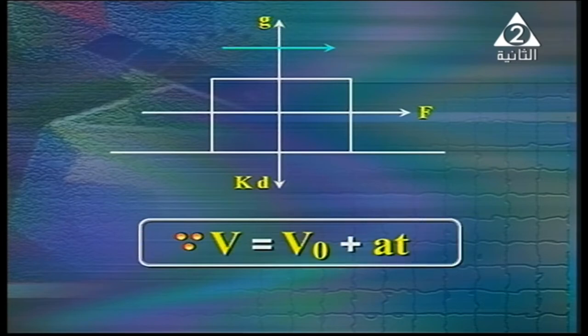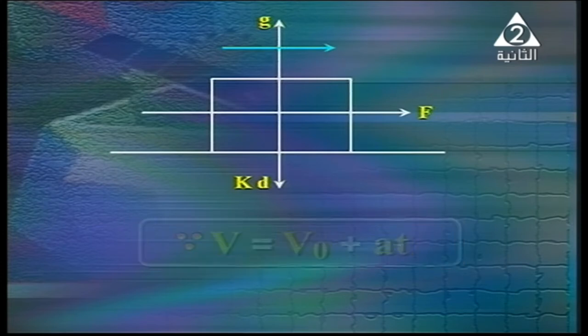We use the equation of motion: when a force F acts on a body with initial velocity and acceleration a over time t, the first equation is final velocity equals initial velocity plus a times t.